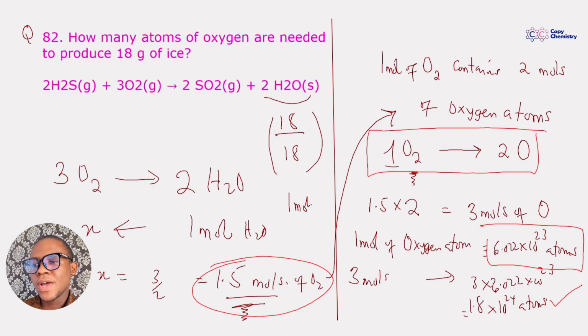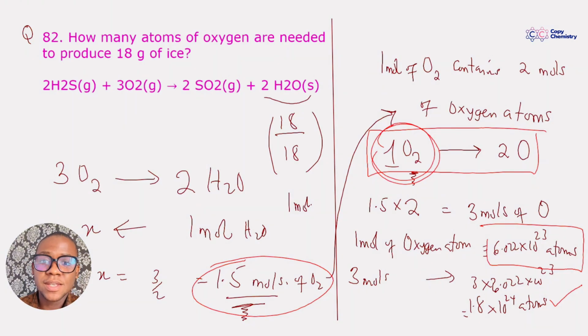So that's it. If you're asked how many molecules of oxygen you're dealing with here, then you should think about it this way: 1 mole of O2 contains basically 1 mole of oxygen molecules, because a molecule is how a substance exists freely.